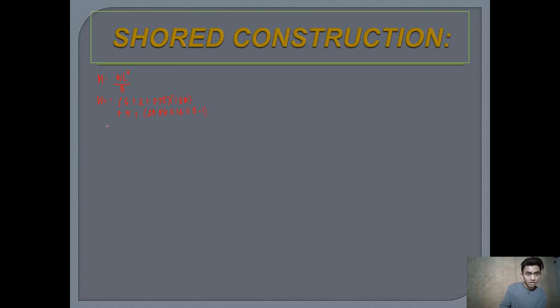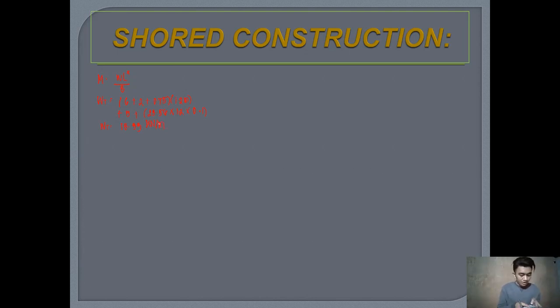So weight total now will therefore be, input that on your calculator, I will have there 18.33 kilonewton per meter. So kindly check.